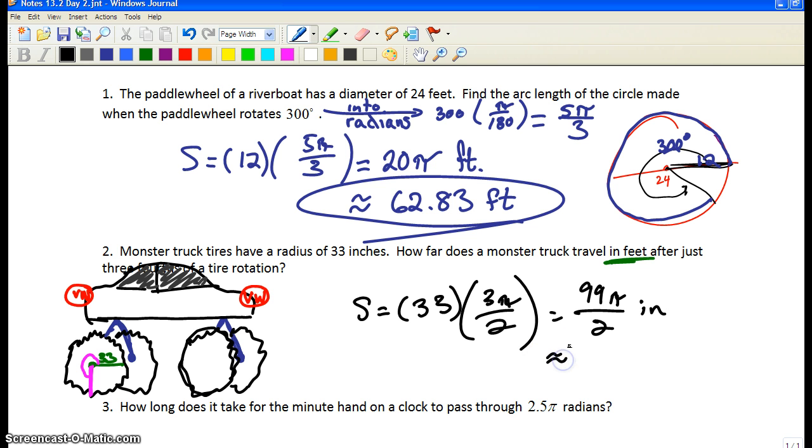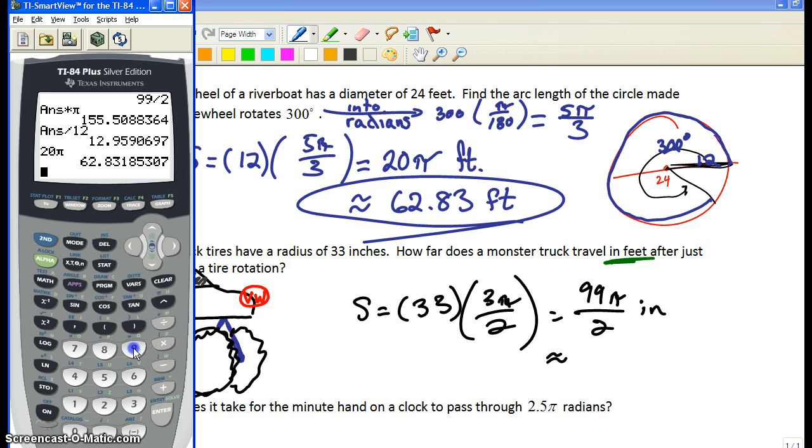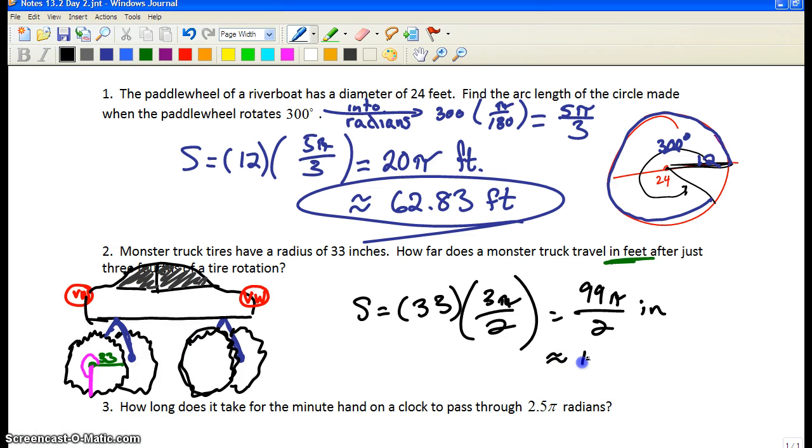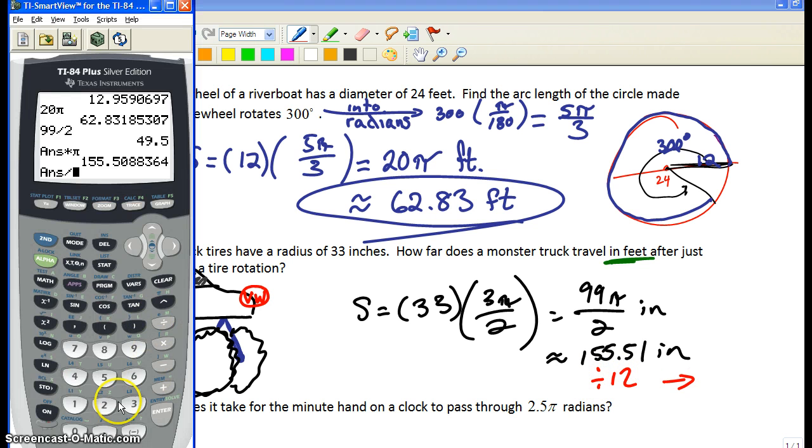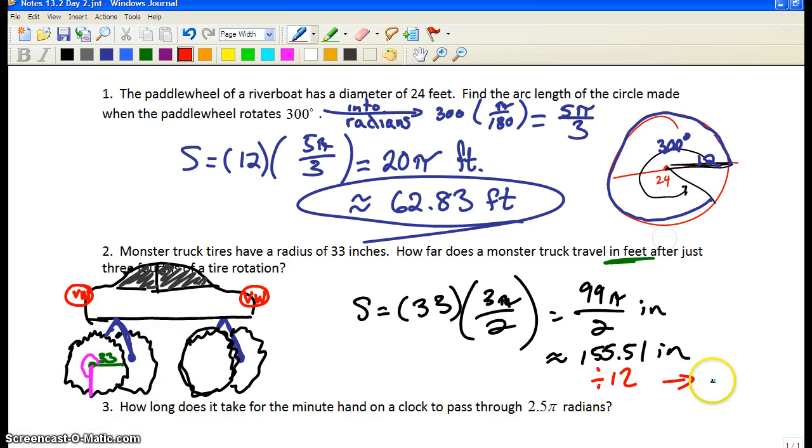That, as a decimal, is going to be 155.51 inches, but we also need to turn that into feet, so we need to divide by 12. 12.96 feet. Cool. Okay, go ahead and read the next question.